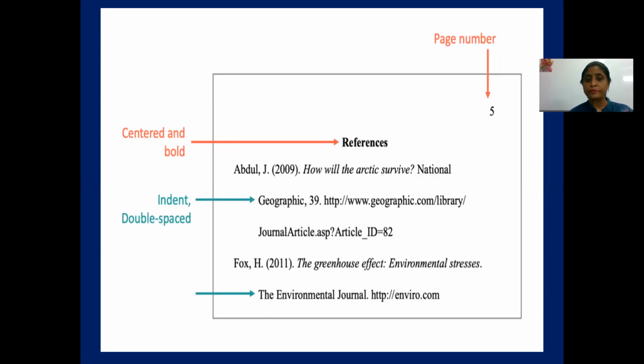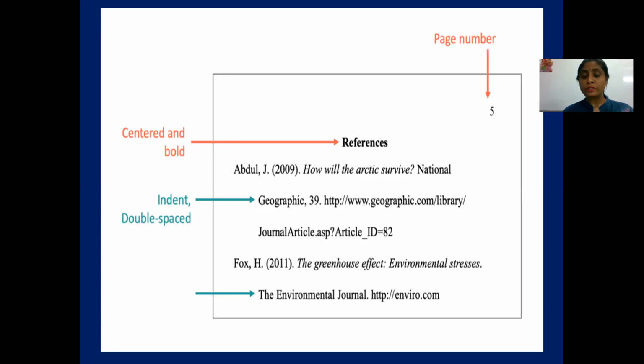First the author name, then the year of that book or research, the published date. That one is the published date. Name of the journal, title of the survey, publication, page number, website address.